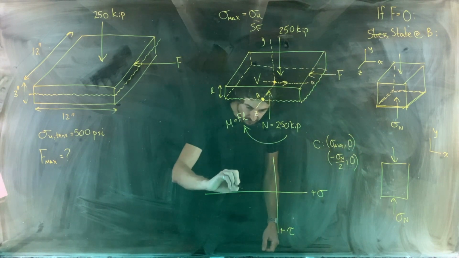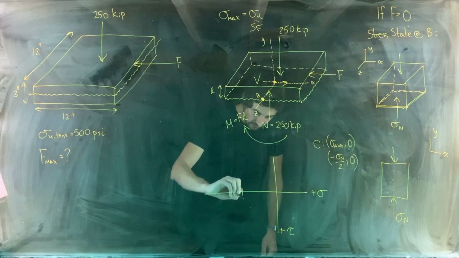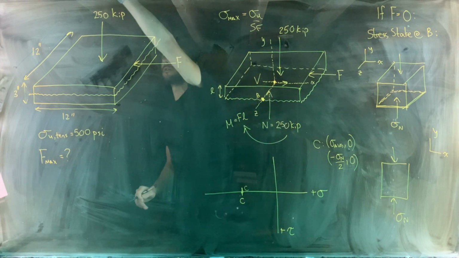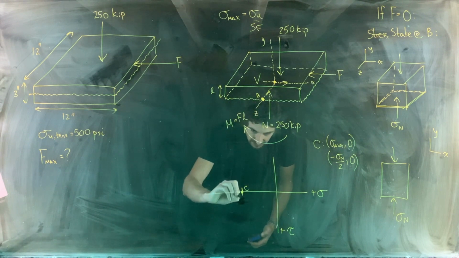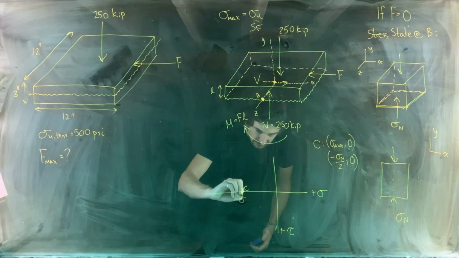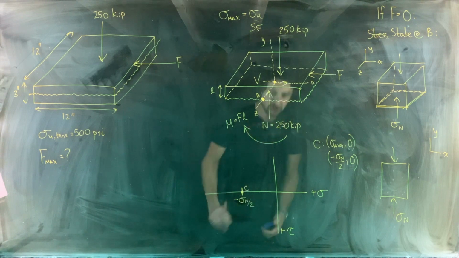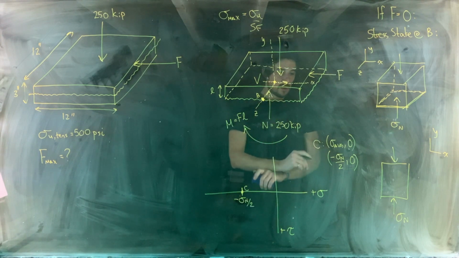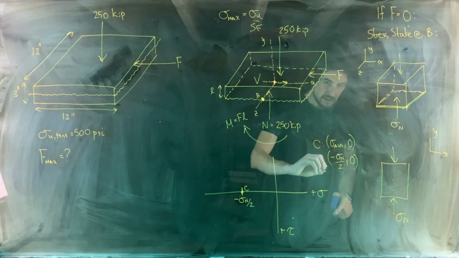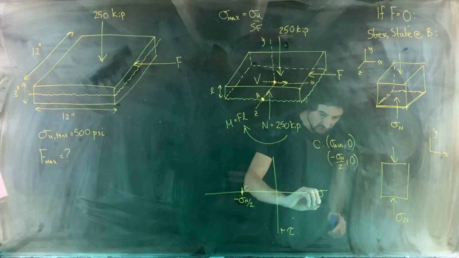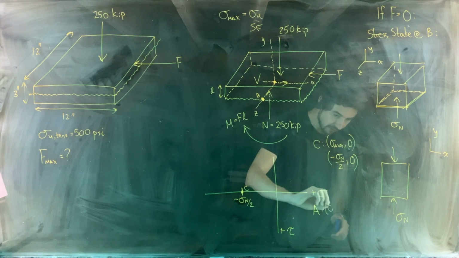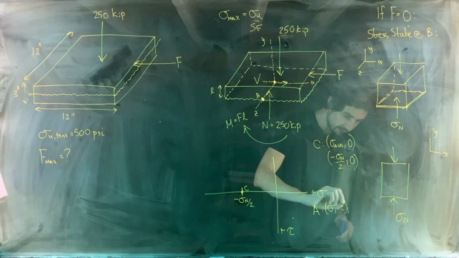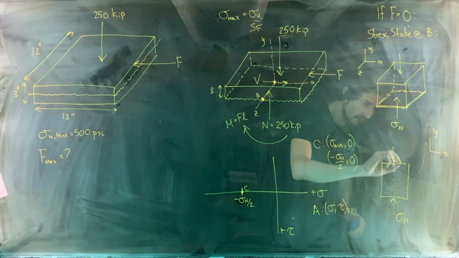Okay, so here we go. There's the center of our circle, and that is at a value of minus sigma n divided by 2. And then the reference location, point A, is given by the stresses present on the right-hand side of our element.